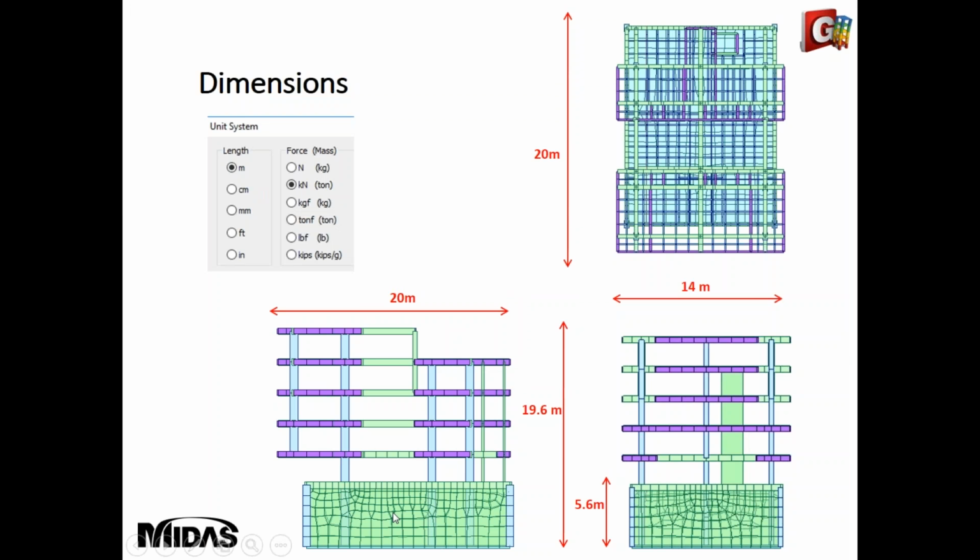So this is what the model looks like. We will have similar sections for the top part, but the substructure now will also include basement walls, meshed elements, and a bottom raft. So our basement will be about 5.6 meters deep, about 2 stories of what the regular upper structure is.